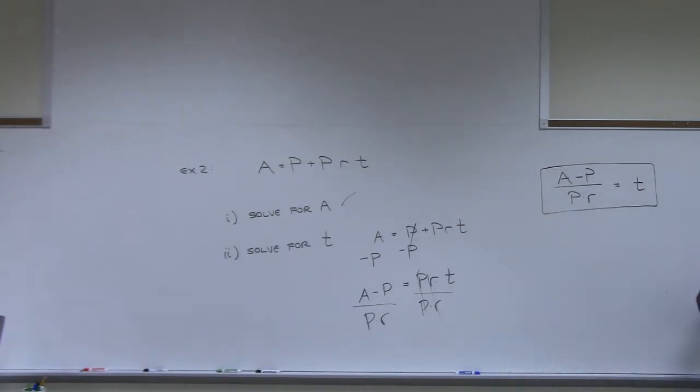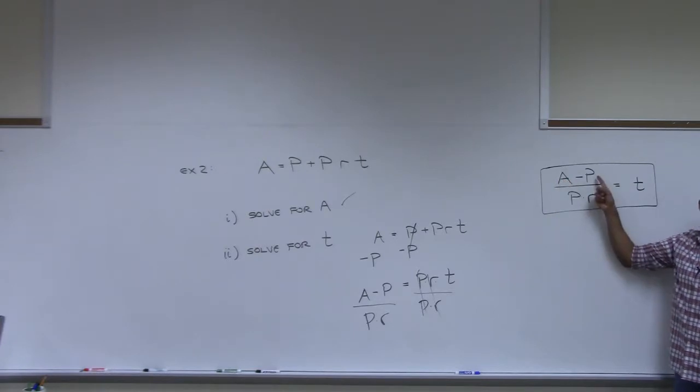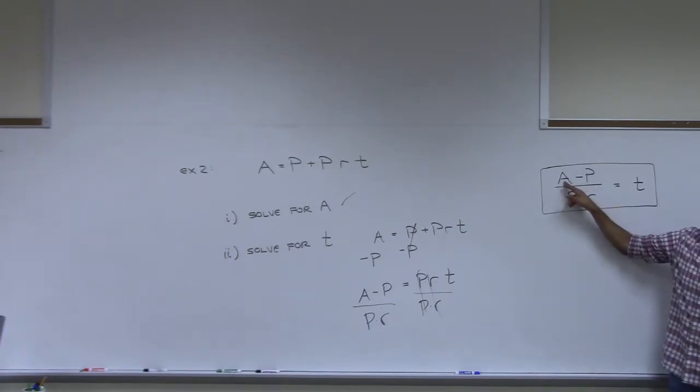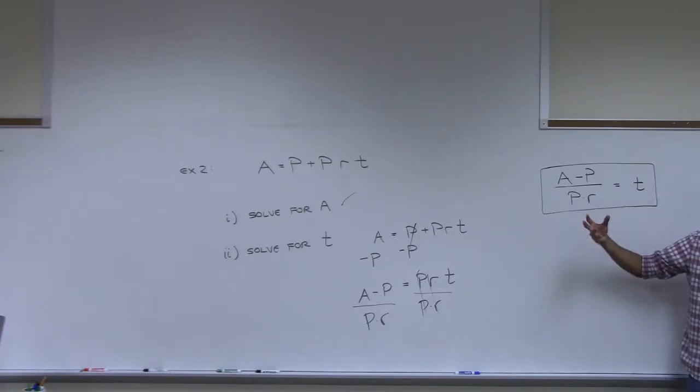Now, think of it this way. If somebody told you the amount of money you wanted to have, if you put this much money in the account at a certain interest rate, this would calculate how much time it would take for that to happen.